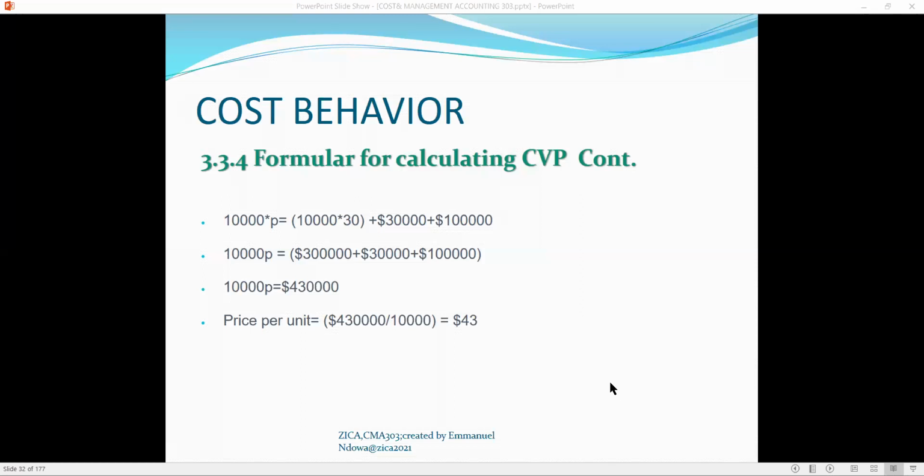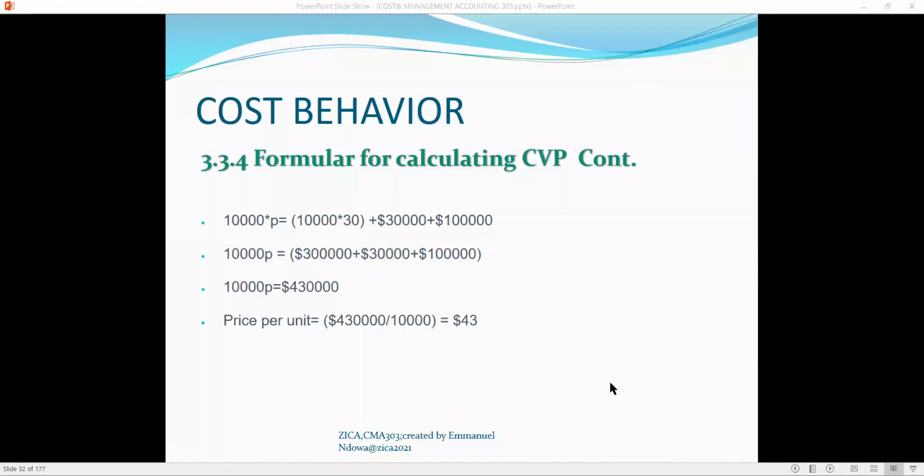What do we get as our anticipated units in order to come up with the profit figure of 150,000? How many units are we going to produce if we sell at $53, having the total variable cost of 40,000, a total fixed cost of 30,000, and a profit of 150,000?